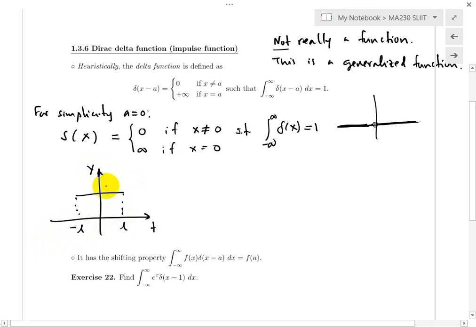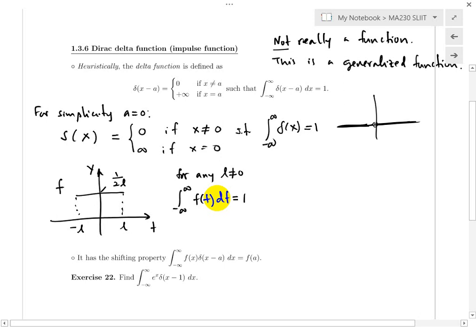The height should be 1 over 2L. Okay, so that's the height. So note that for any L which is non-zero, if you integrate this function f, f of t dt from minus infinity to infinity, this integral is 1, right? The height is 1 over 2L, the length is 2L, multiply, the answer is 1.